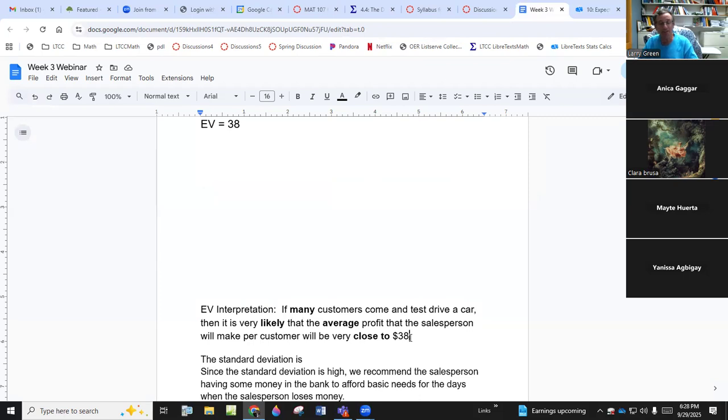Okay. And as I mentioned, if it takes on average 20 minutes per customer, is that a pretty good job money wise? What do you think? Good job or bad job?